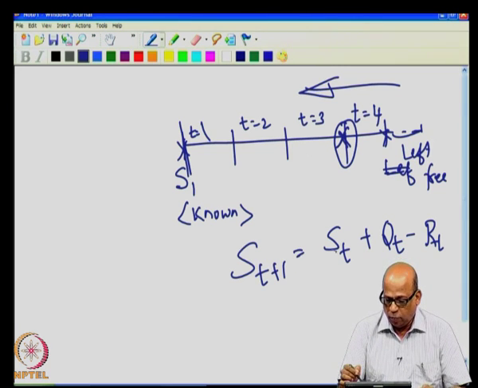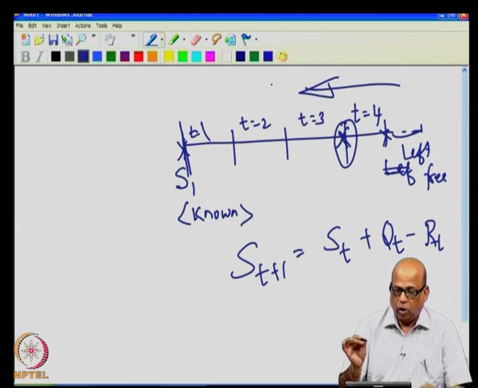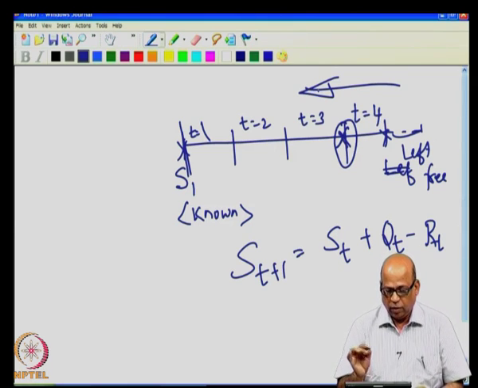If you need to move forward, then it becomes messy because you will be solving St in terms of St plus 1, whereas the continuity is in the forward direction. Therefore, for reservoir operation problems, the backward direction is advantageous.